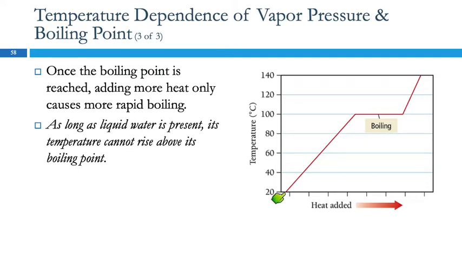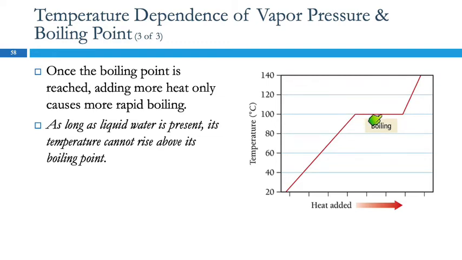So here we are heating water, and as we add heat, the temperature rises. That makes sense. When we get to the point at which it starts boiling, the temperature stops increasing. That's not what we would expect.